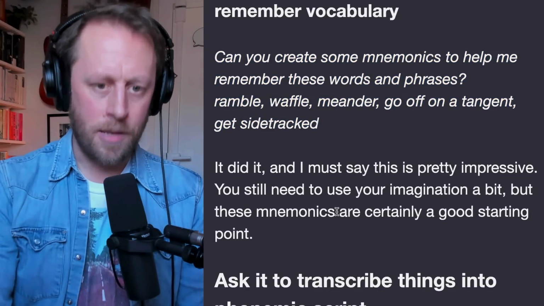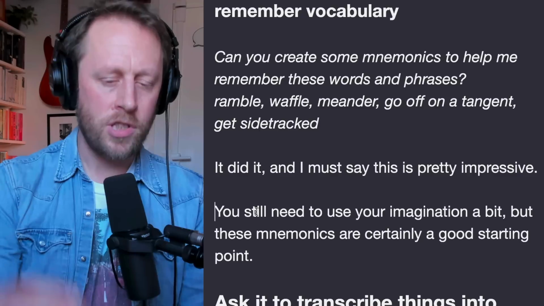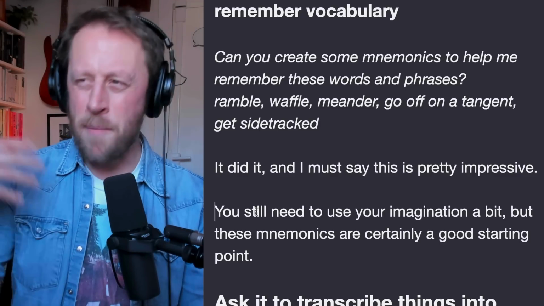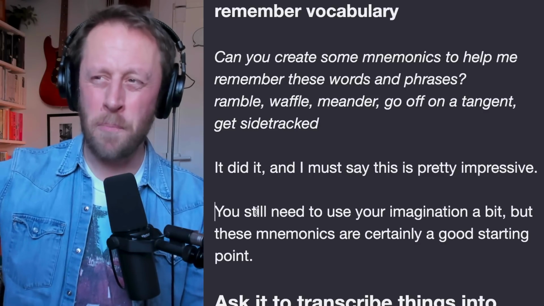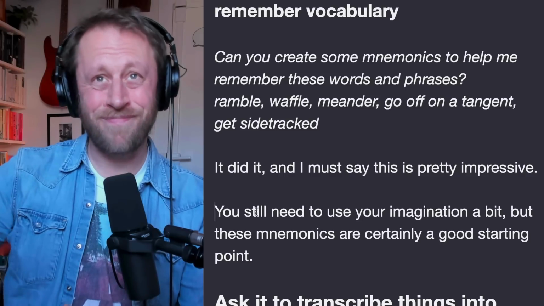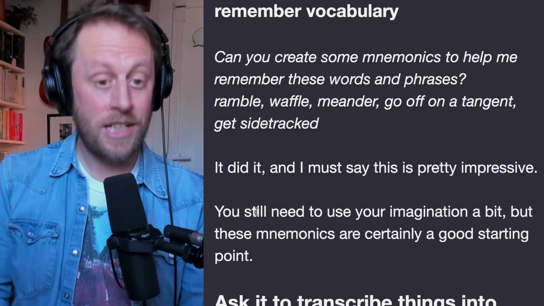It did create the mnemonics, and I must say this is pretty impressive. But you still need to use your imagination a bit, right? Ramble, walking around like a ram that's lost. Bull, ram, bull, it meets a bull. It's a bit contrived. It's not the most efficient mnemonic ever, but it did come up with something.